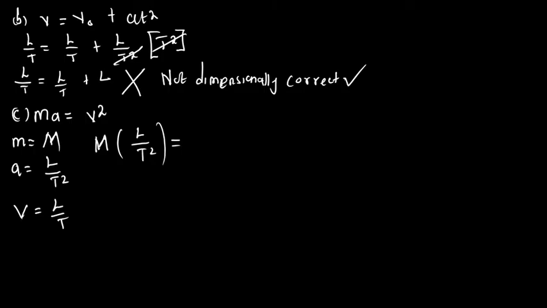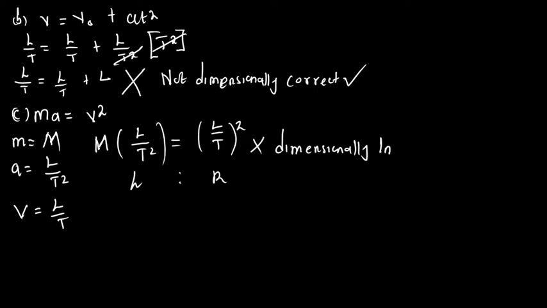The dimensions of V power 2 is simply L over T to the power 2. Notice that we don't have mass on the right hand side. Left, right. This formula is also dimensionally incorrect. The key to this topic is simply to know the dimensions of different quantities that you are given.